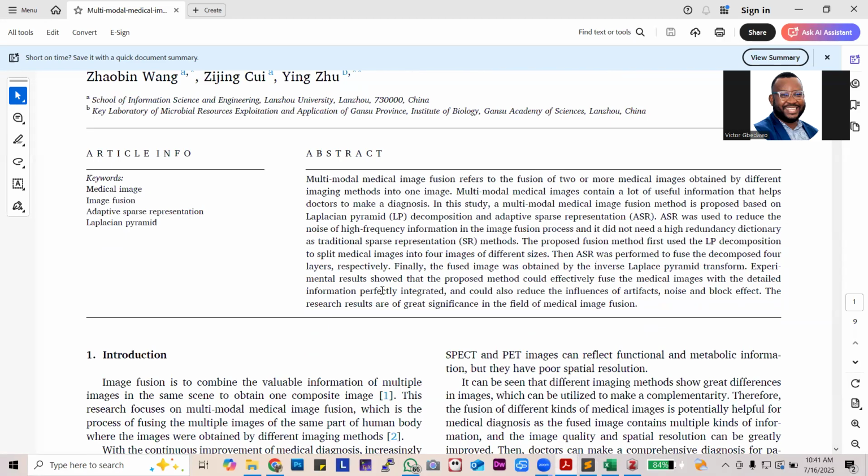So at the end of the day, okay, so results show that the proposed method could effectively fuse the images with detailed information perfectly, and also reduce the influence of artifact noise. So to a large extent, you can also negate the noise.